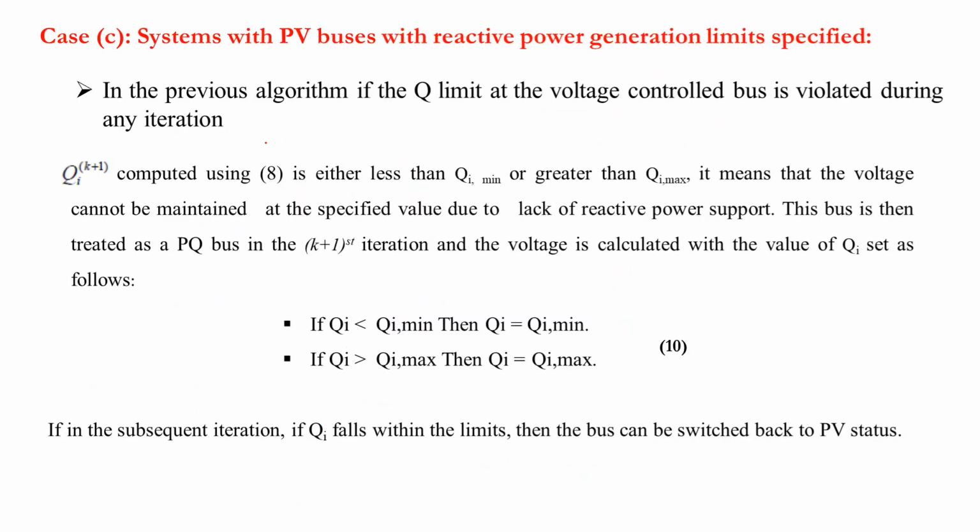Okay, the next one is system buses with PV reactive generation limit specified. So previously we found the reactive power Qi. If the limit at the voltage control is violated in any iteration, so this is how to find it, right? Using my eighth equation, there is some condition.